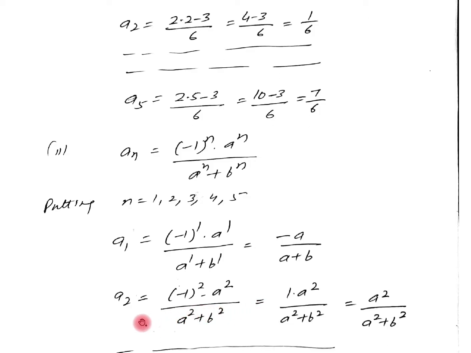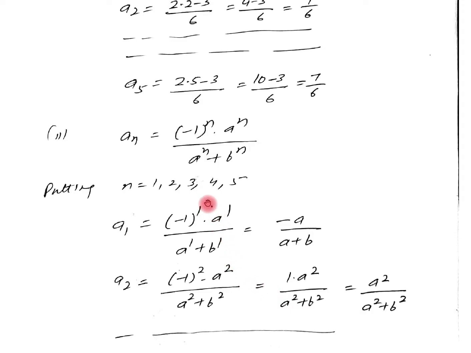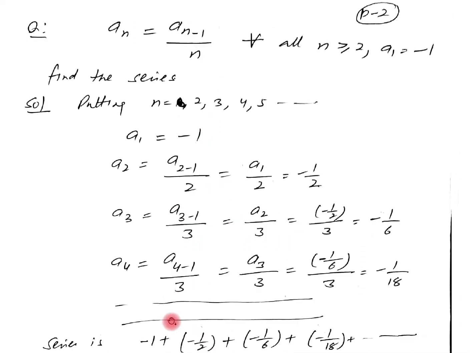Then again we can put n equal to 2 to get the second term. Then a2 becomes (minus 1) whole power 2 into a square upon a square plus b square. Again simplifying, we are getting the second term equal to a square upon a square plus b square. Similarly, we can find out a3, a4 and a5.